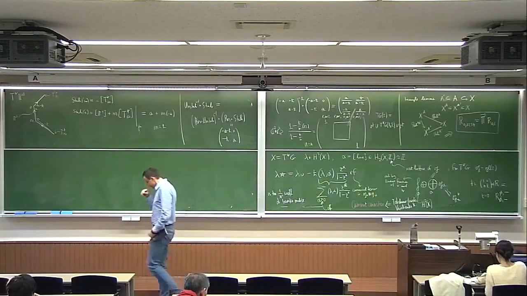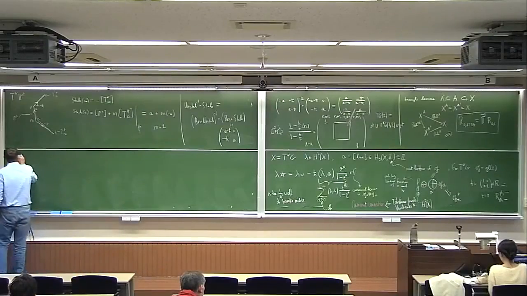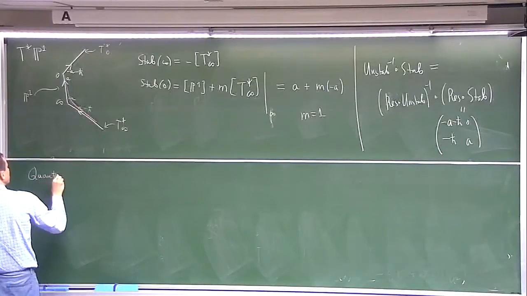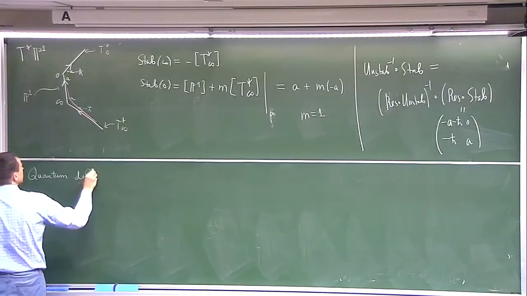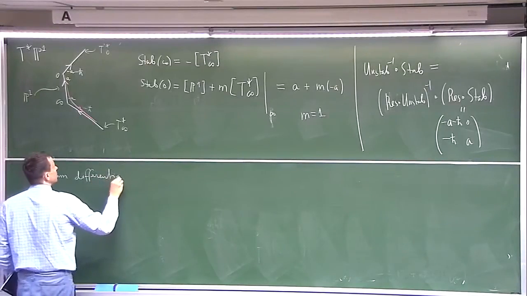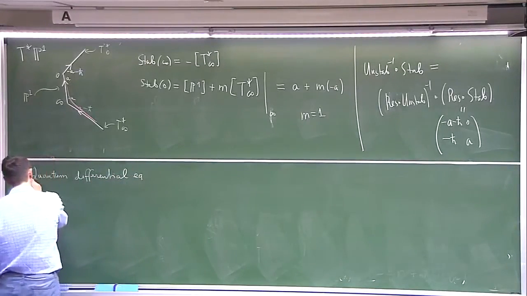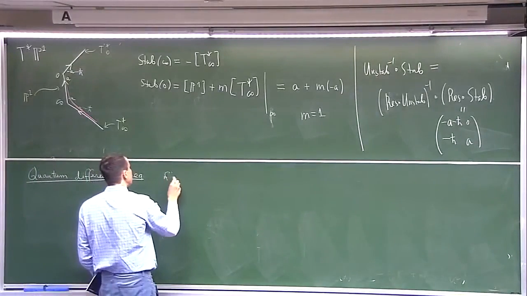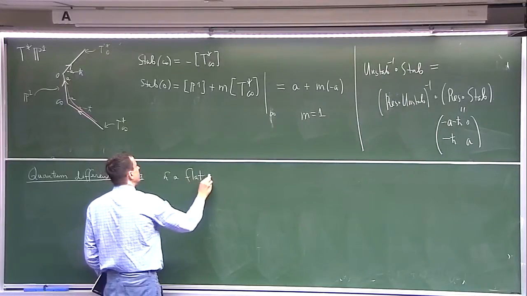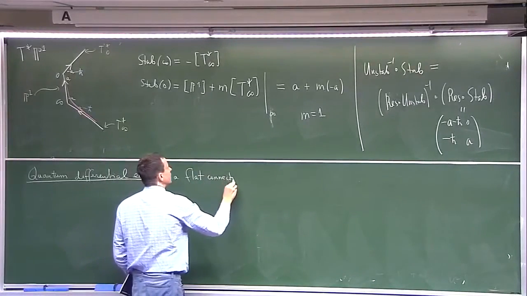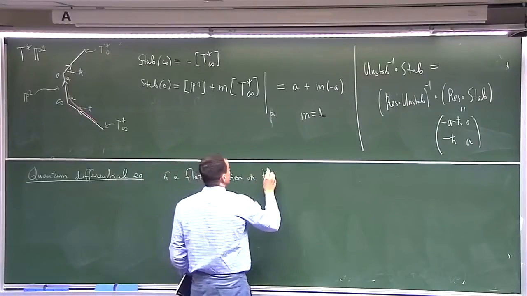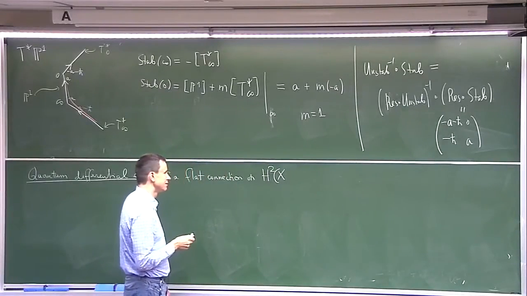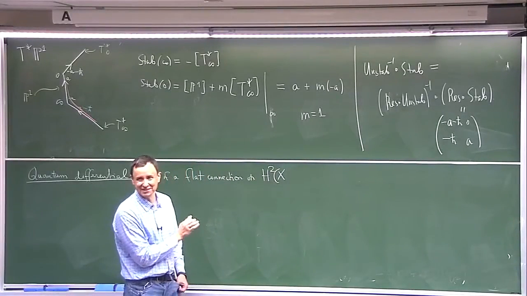So we're going to discuss something called the quantum differential equation. What is this thing? It is a flat connection on H2 of X. People call it small; no, this is big enough, this is interesting enough.